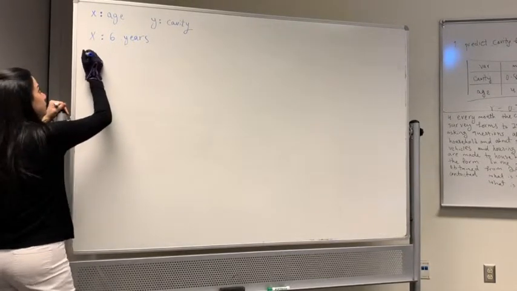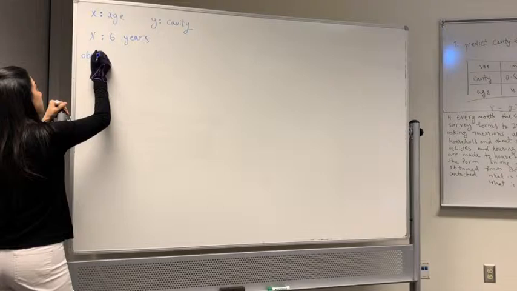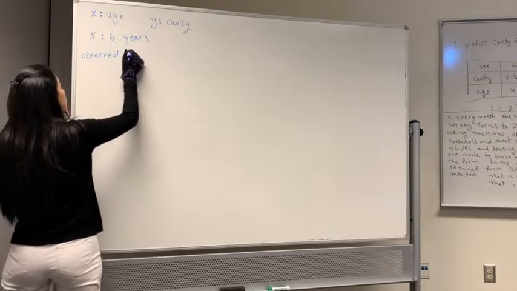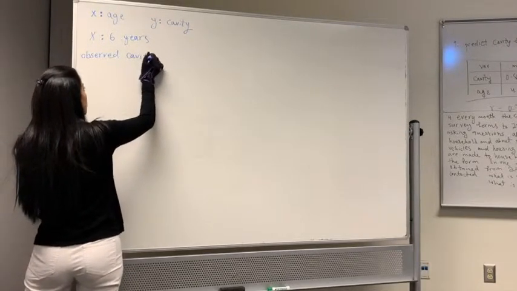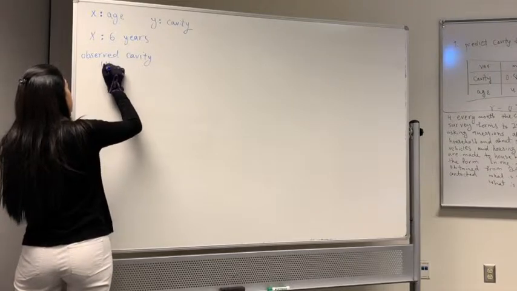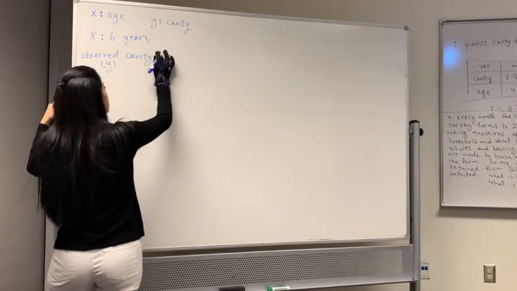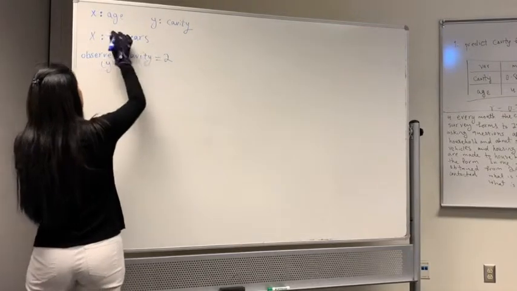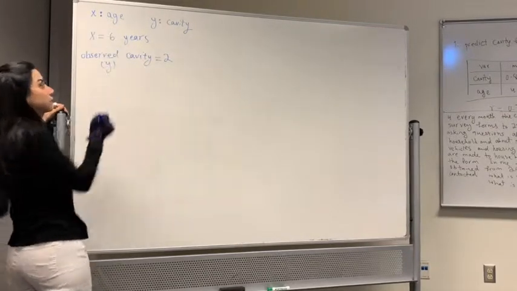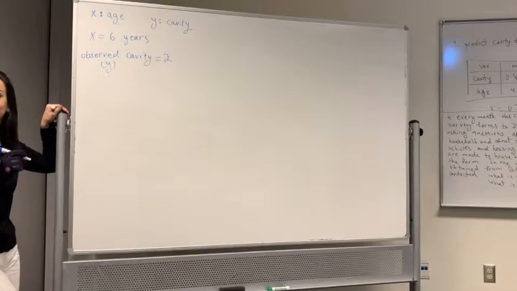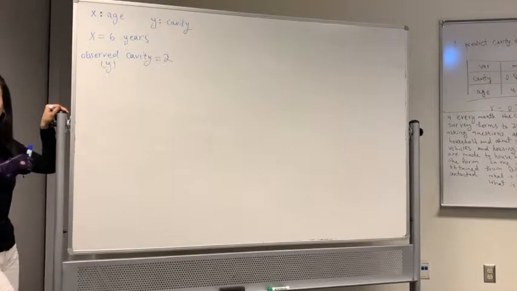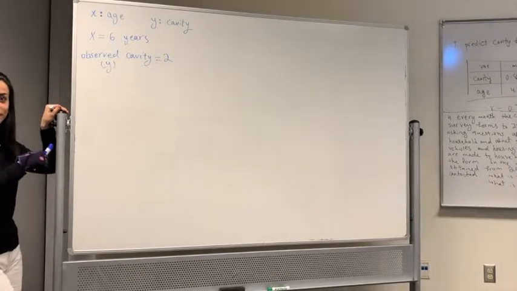For this child, the observed cavity, or observed Y, is equal to 2. Correct? Do you have any questions? Is this clear here?